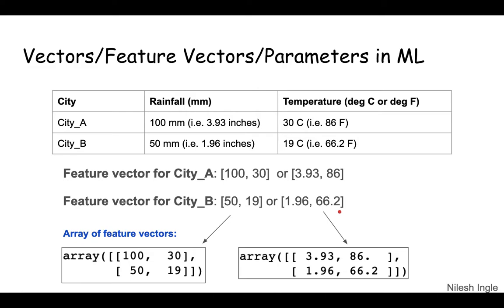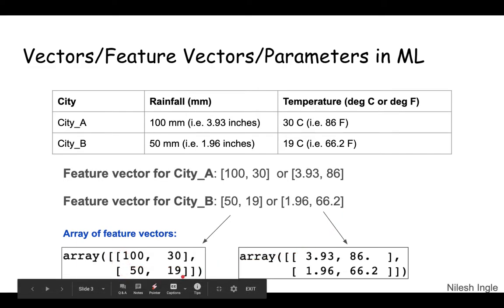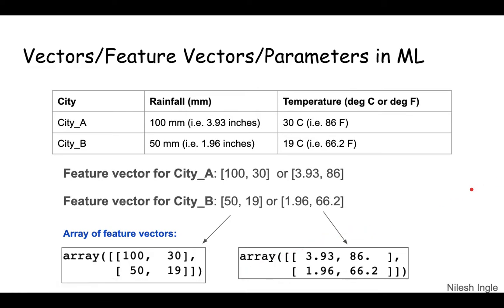And once we have these feature vectors for each of the cities, we can group them and put them in a stack in an array, a NumPy array, as you can see here. So once we have this, each row represents a particular feature vector for that particular city.